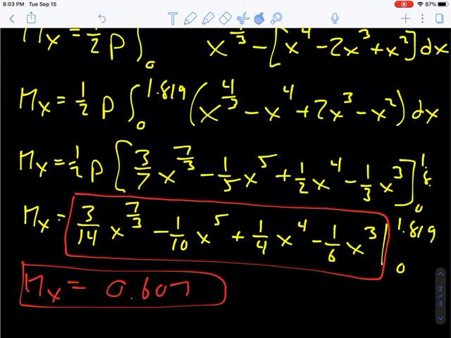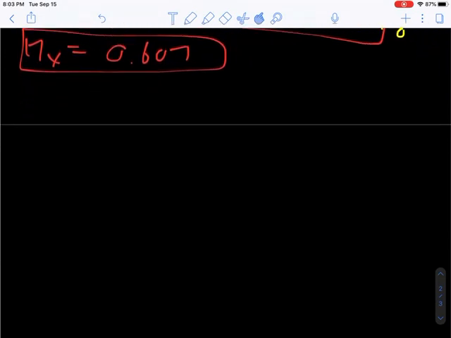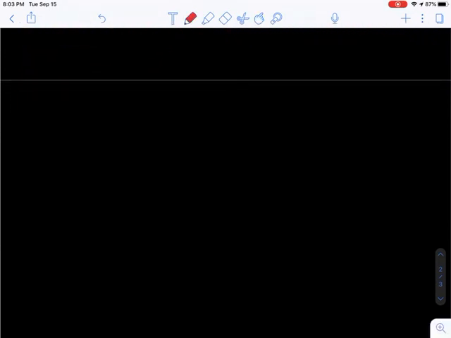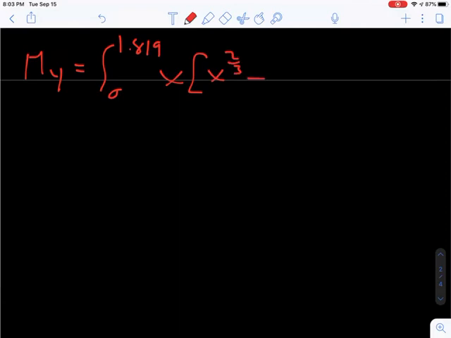And we are not done yet. We now need to find m sub y. And m sub y is going to be equal to the integral from 0 to 1.819 of x times f of x, which is x to the 2/3 minus x squared minus the x squared plus x.